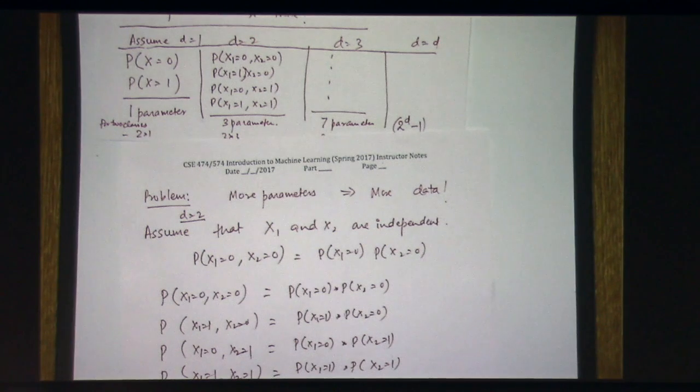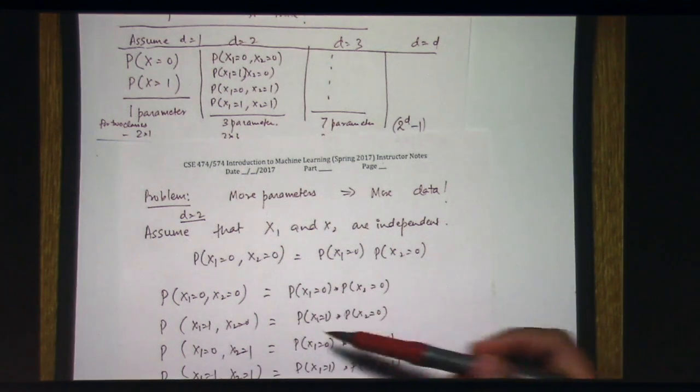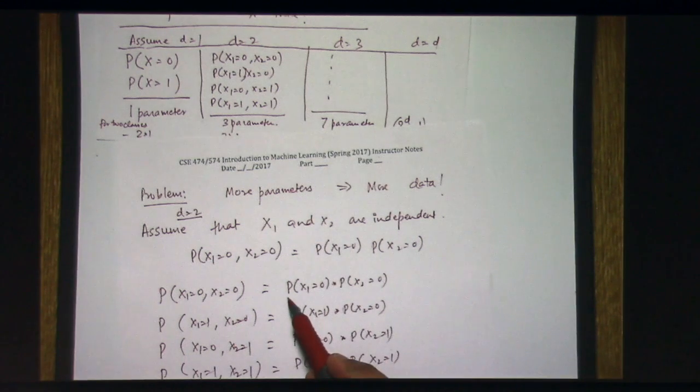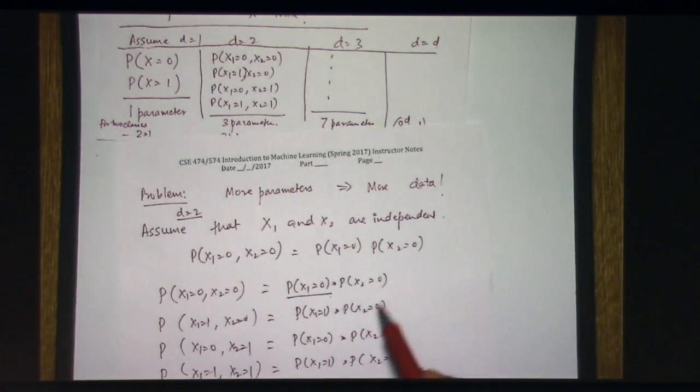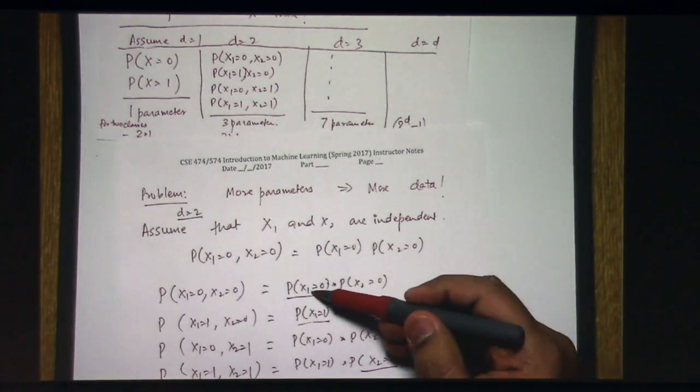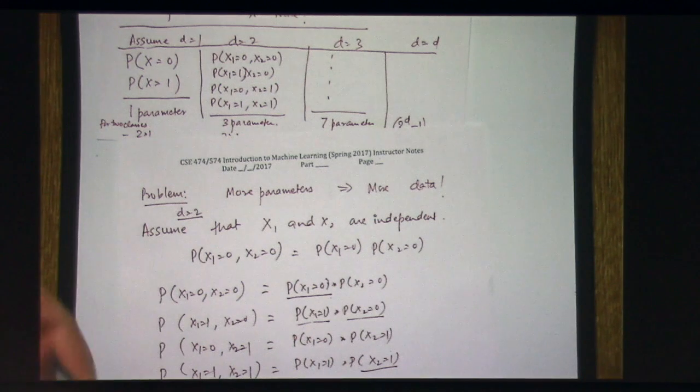This is just assuming they are independent, which means that to compute all these values, we actually just need a few values. And actually these would be connected. If I know P(x1 = 0), I already know P(x1 = 1).